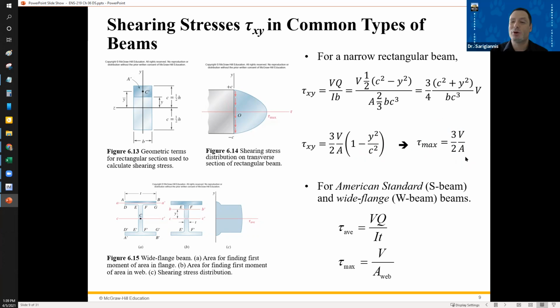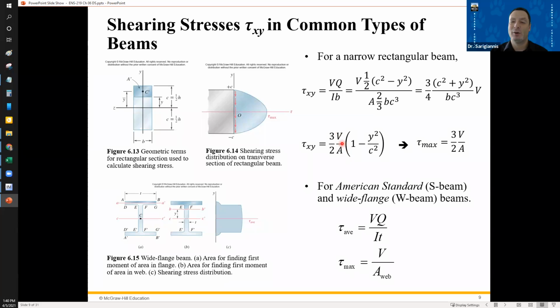These become a little more intuitive as you do example problems, but I want to show you the American standard wide flange beam. Notice the shape of this beam. It's got a very wide thickness up here. It's got a lot of area. So as you move down, you've got a lot of area up here, so this is a bigger number for a given section of the beam.